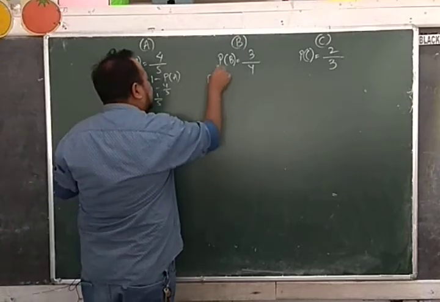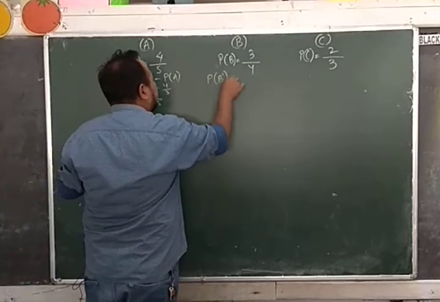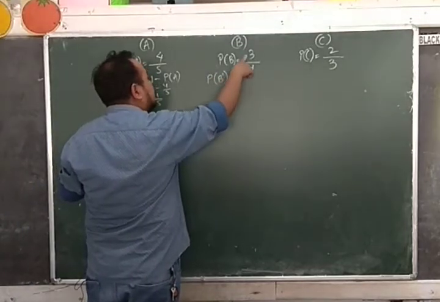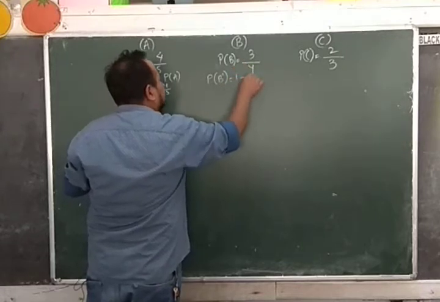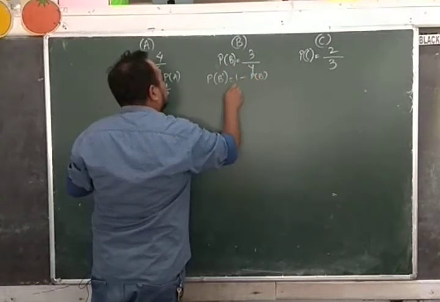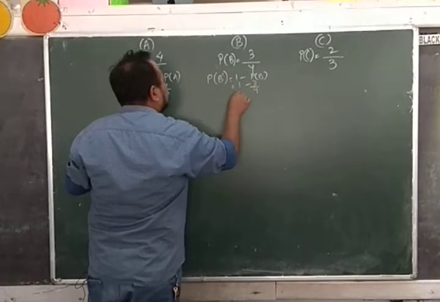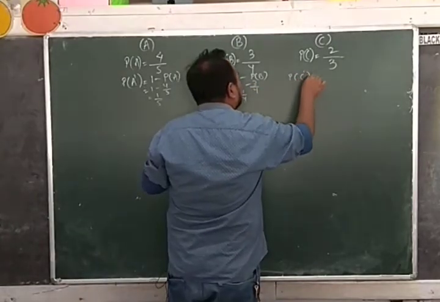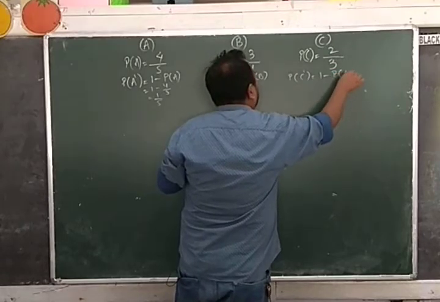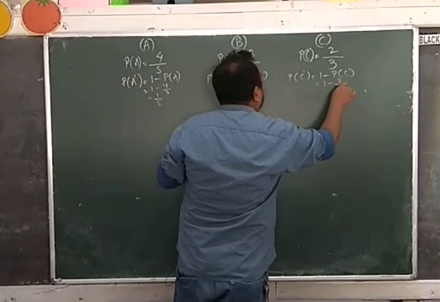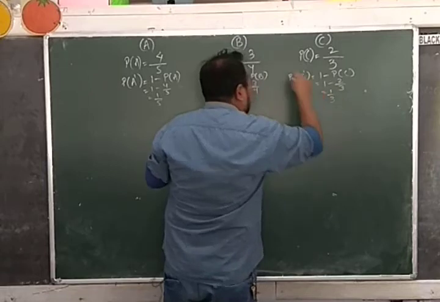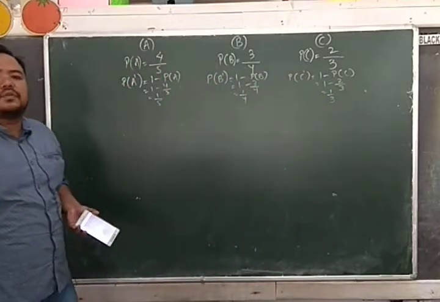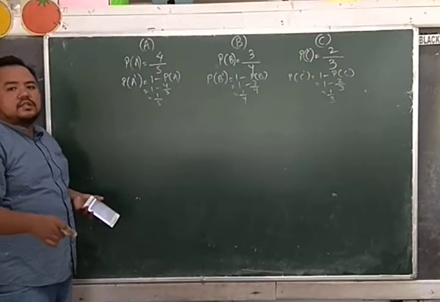Next, the probability that B will not hit the target. Out of 4 times, if he hits 3 times, obviously how many times will he miss? 1 minus 3 by 4 is equal to 1 by 4. In a similar fashion, the probability of C dash is 1 minus the probability of C. So 1 minus 2 by 3 is 1 by 3. So you have the probability of all 3 persons: success, failure, success, failure, success, failure.